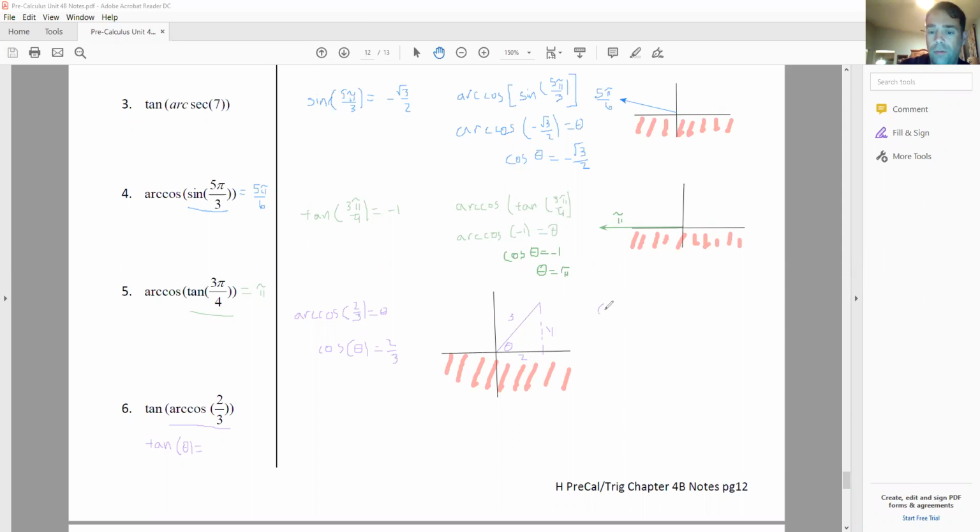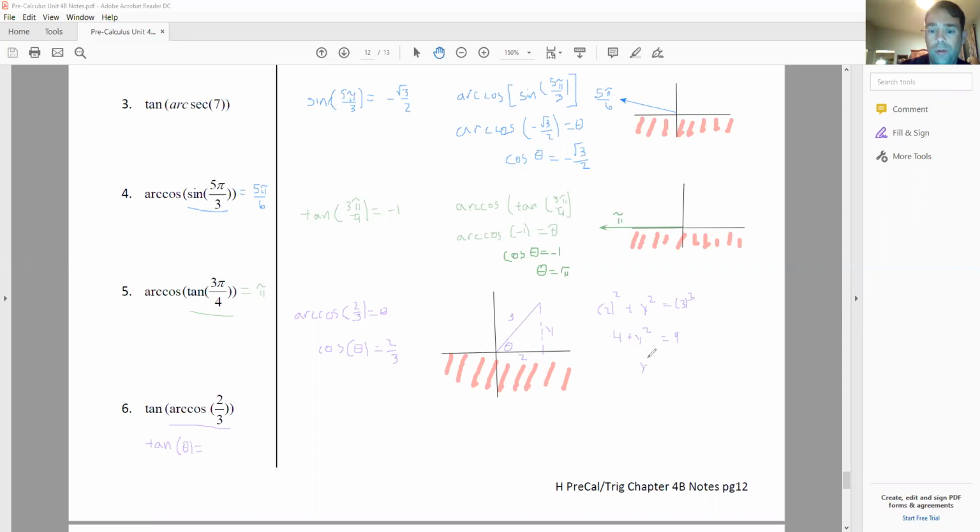So again, we've done this once before, a little Pythagorean theorem here, friends. So 2 squared plus y squared equals 3 squared. So 4 plus y squared equals 9.